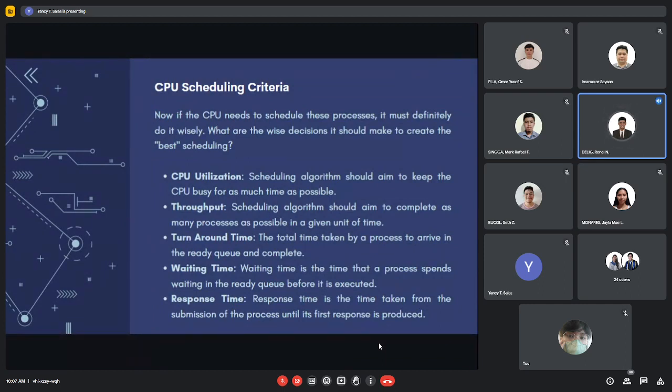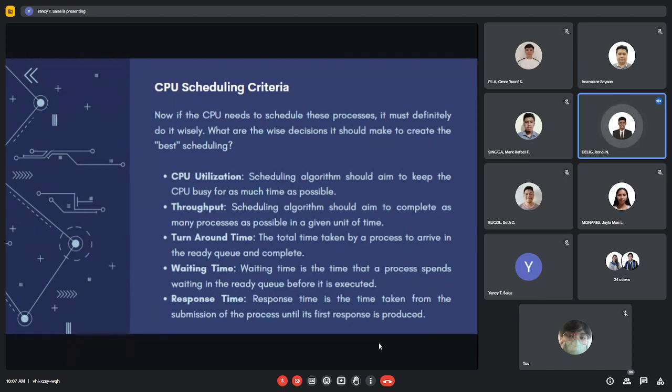So the time it takes from ready queue to waiting queue to execution, it must minimize this time as it passes through the queues.